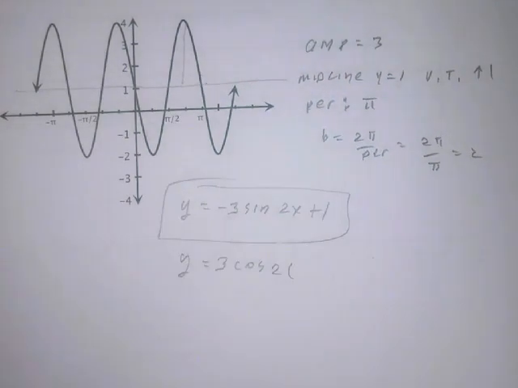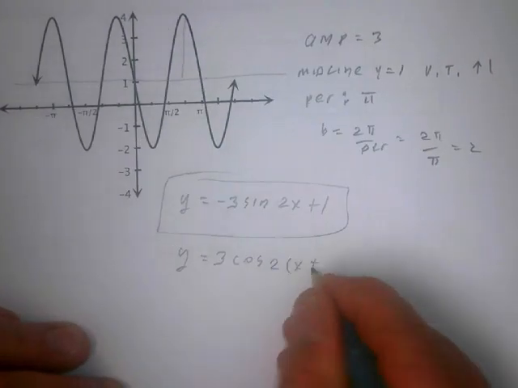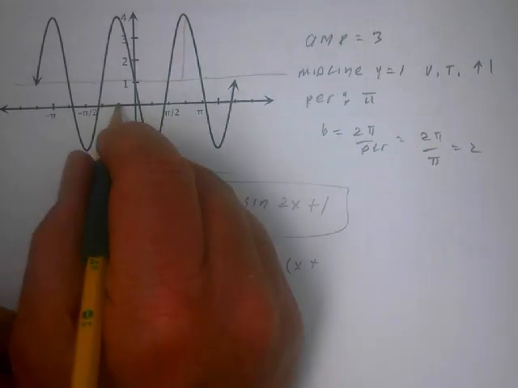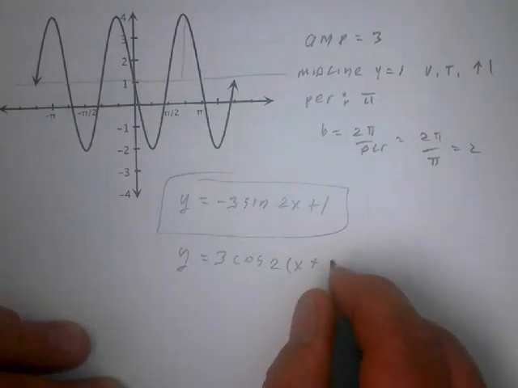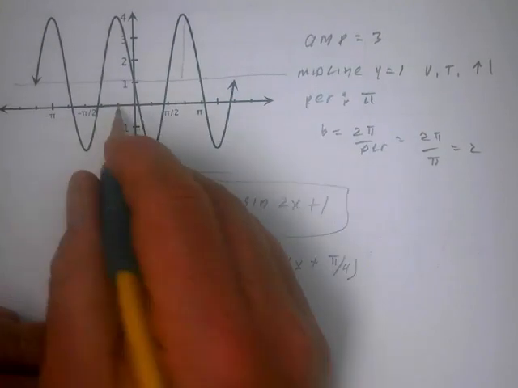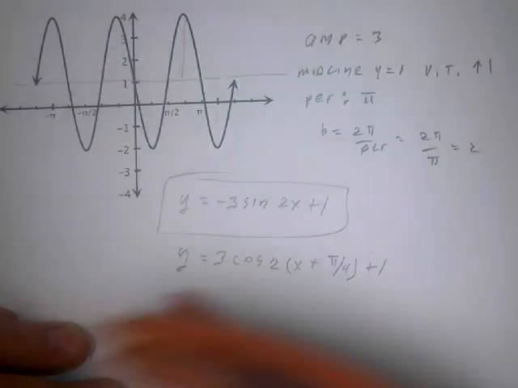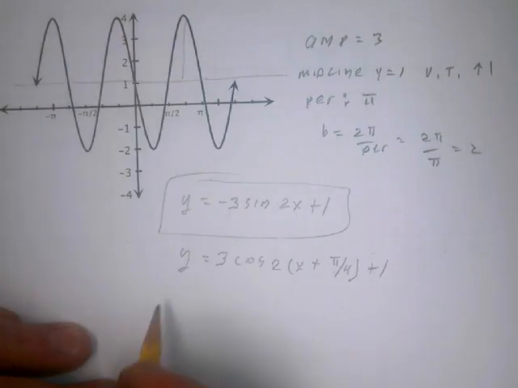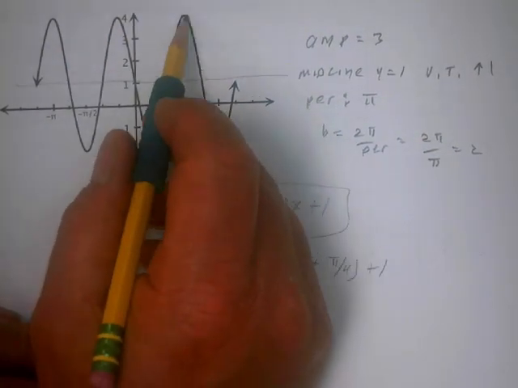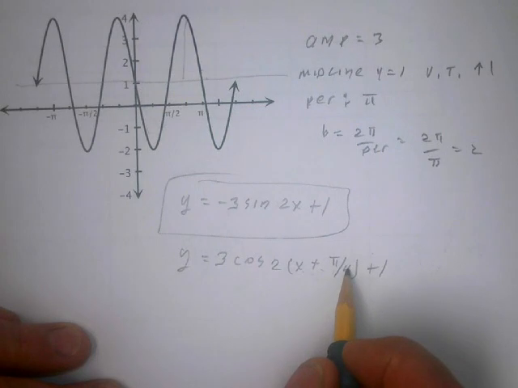Y equals 3 cosine. Whoops, forgot to do 2 times x plus, this has got to be shifted, pi over 4. I said pi over 8, I think, but it's really pi over 4 because that's what that mark is right there. Plus 1.